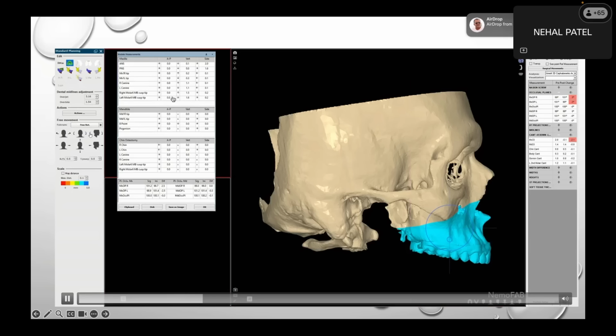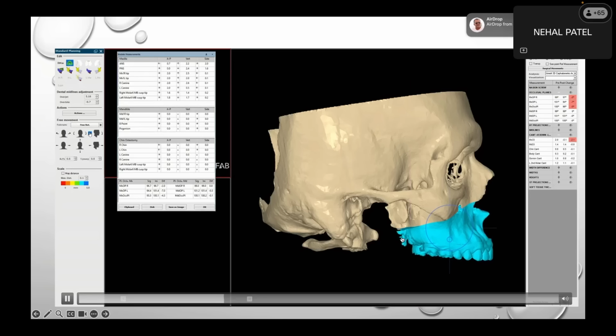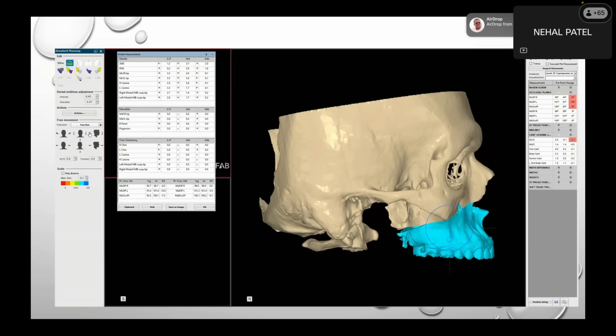On the left side, if you see that movement, the point of rotation right now is the center of the palate, and it is rotating down from the posterior side, and anteriorly it is going up. Now this movement does not change the aesthetic of the middle face, but at the same time it allows the mandible to come forward.